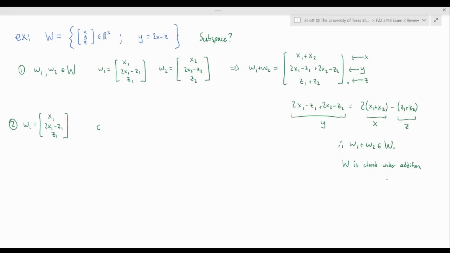I'll use C for the scalar. So C times W1 is going to be C times x1, and then C times the y component. I'll go ahead and distribute the C to both terms. And then we have the z component, just C z1.